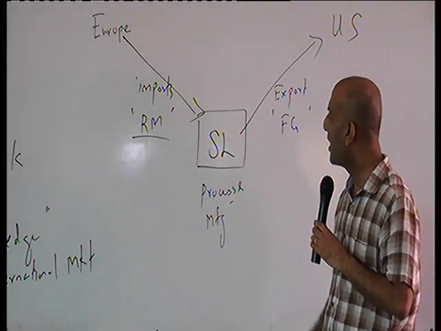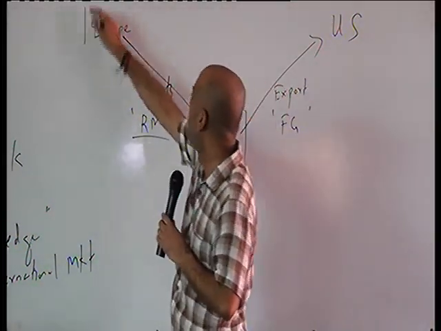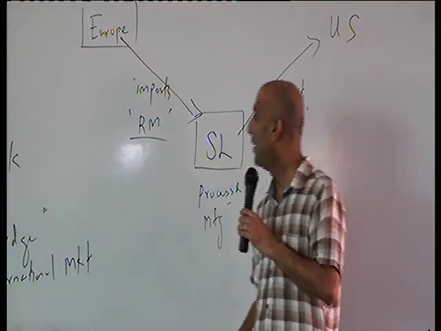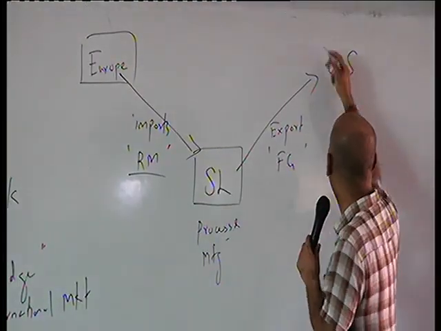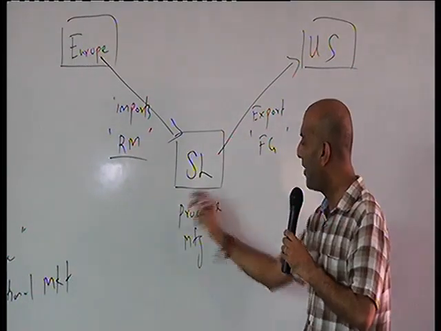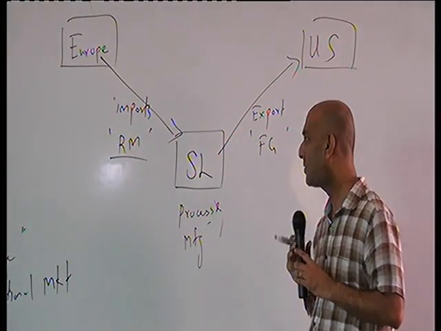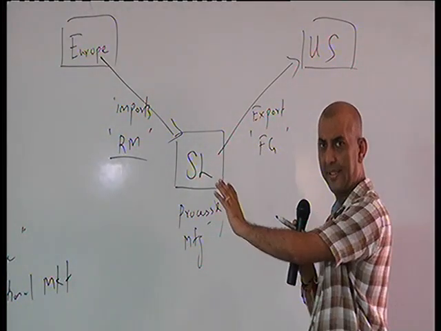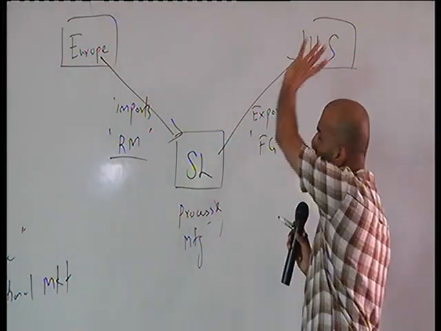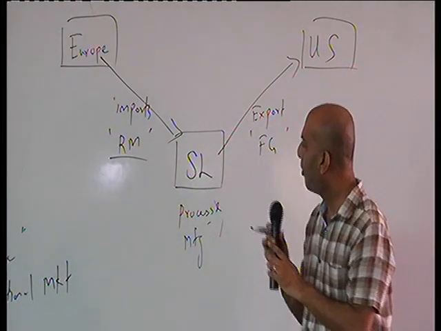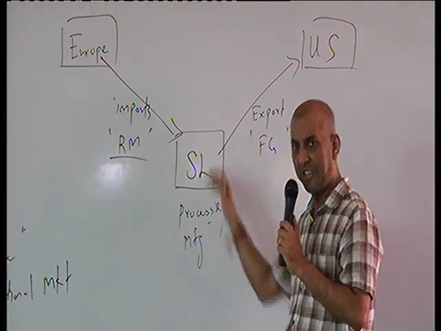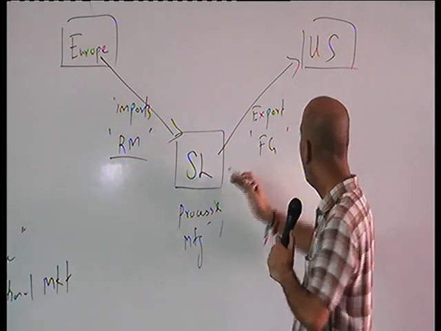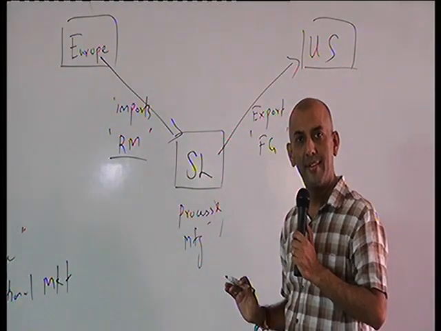You are a Sri Lankan company. You are importing from UK or Europe, and you are exporting to US after manufacturing or processing. These are normal, say, garment industry. What happens? They import goods, they export goods. So they import raw material, manufacture by doing value addition, and they export to US.